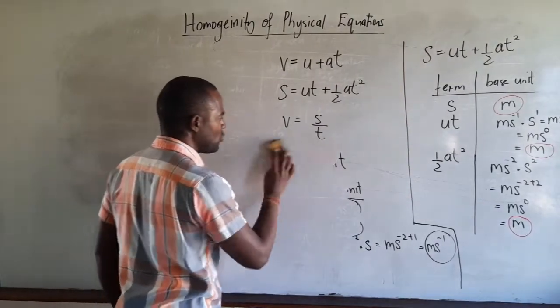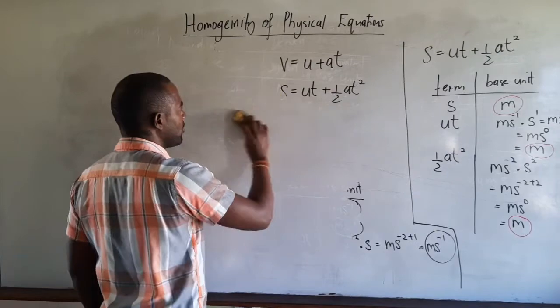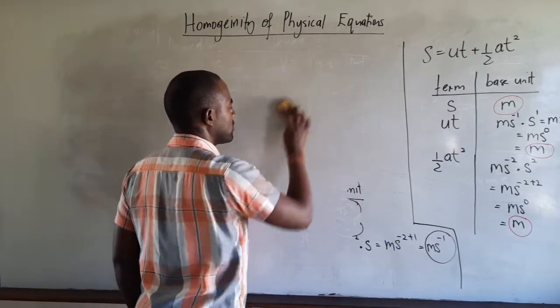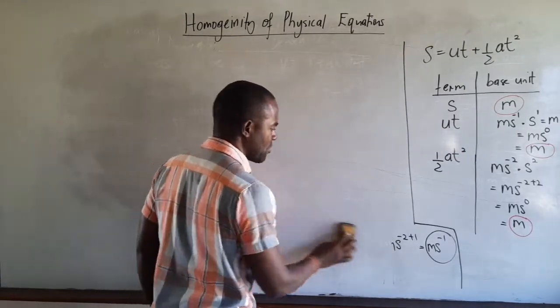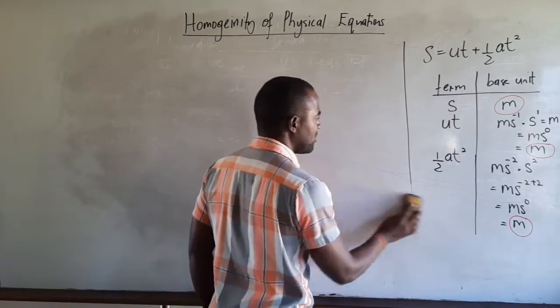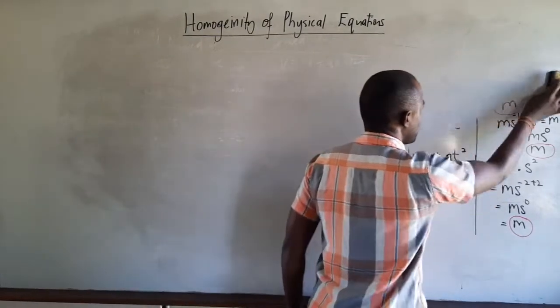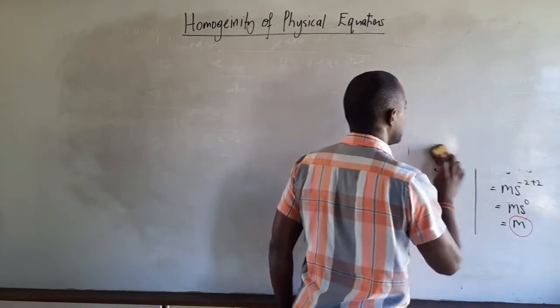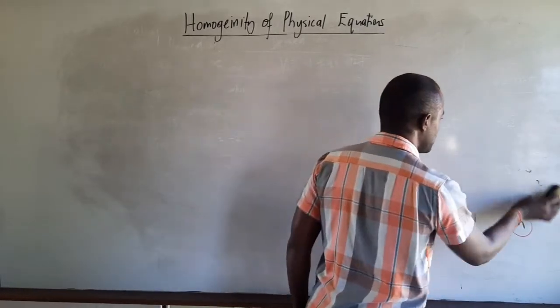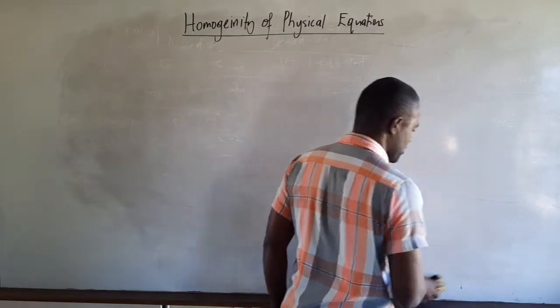Now, what we will do next is to use an example to demonstrate another limitation of this method of checking equations for homogeneity. And what we will do is deliberately use an equation which we know to be wrong.